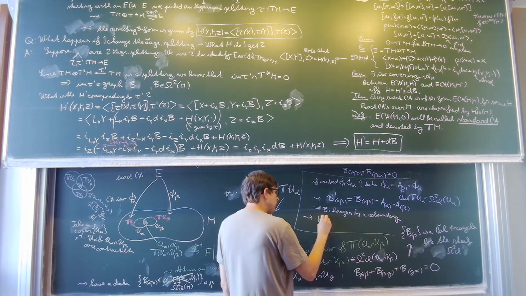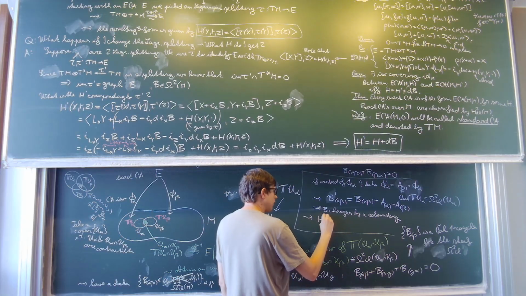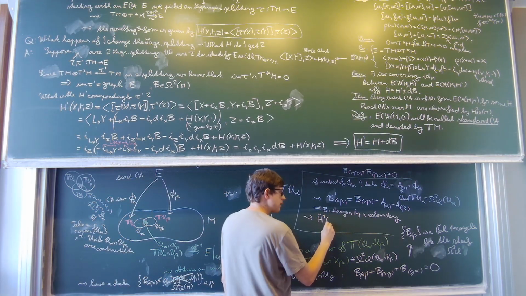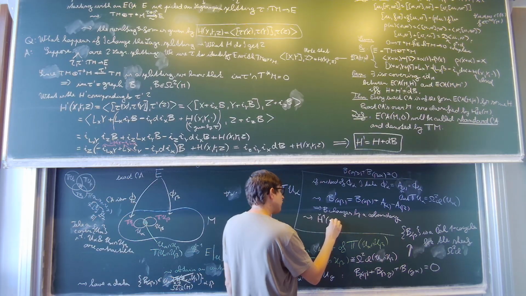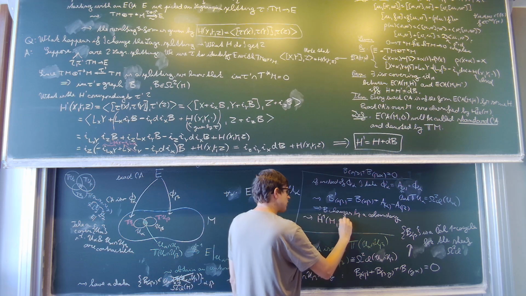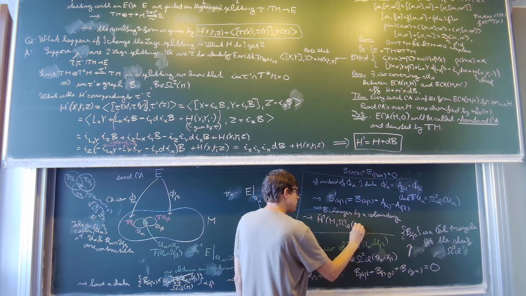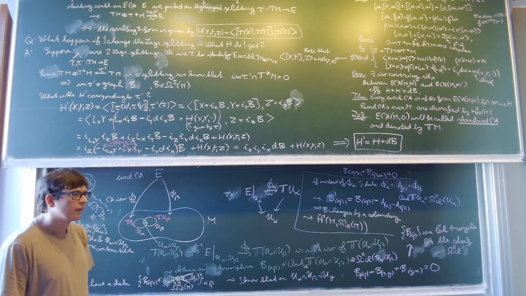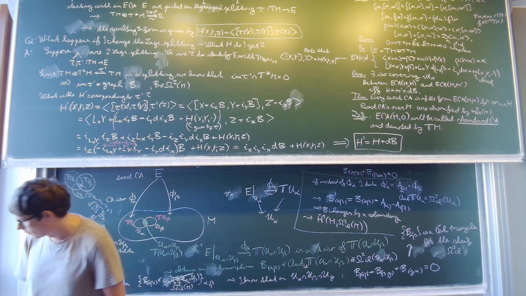So I should look at the Čech cohomology, usually denoted like this. This is the first Čech cohomology of M with values in this sheaf of closed two-forms.